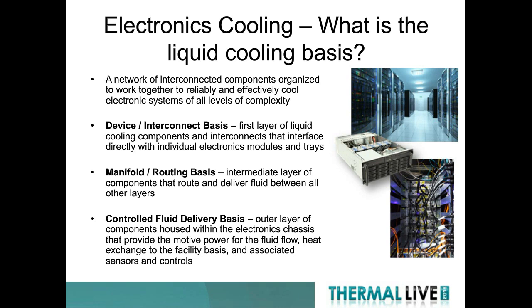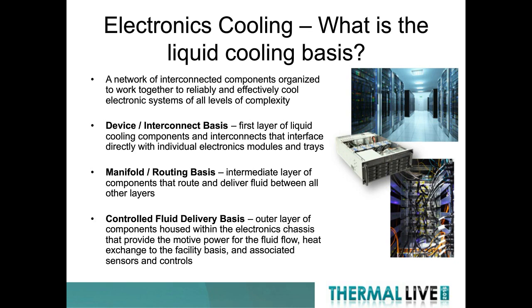And on that basis, our definition is it's a network of interconnected components organized to work together to reliably and effectively cool different complex electronic systems. And in this basis, we want to focus on the device and interconnect. This is the first layer of liquid cooling components and interconnects that interface directly with each of the electronic modules and trays.